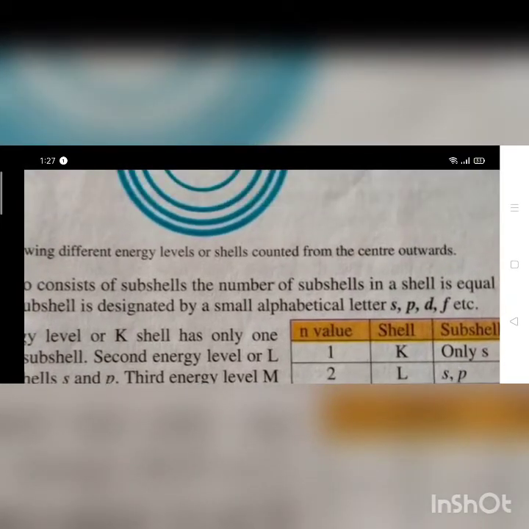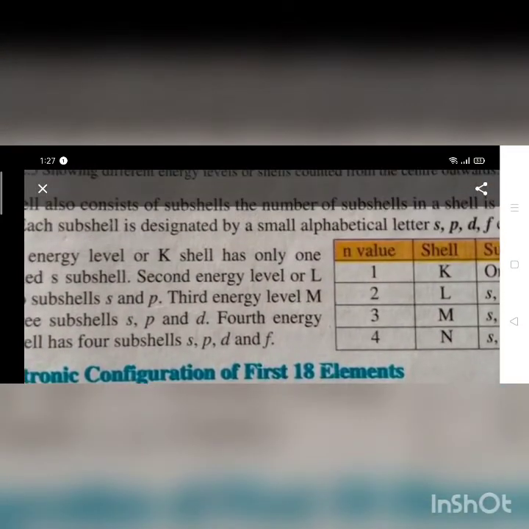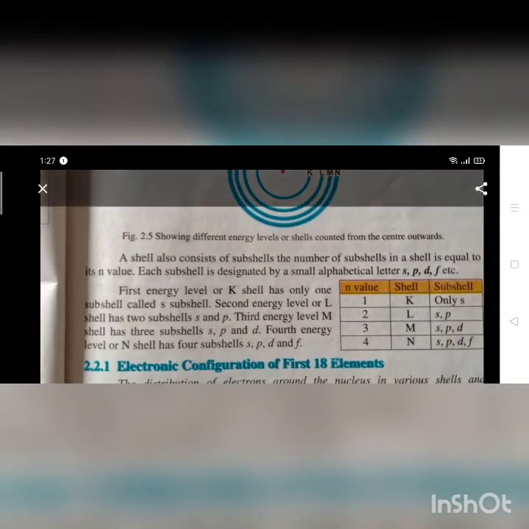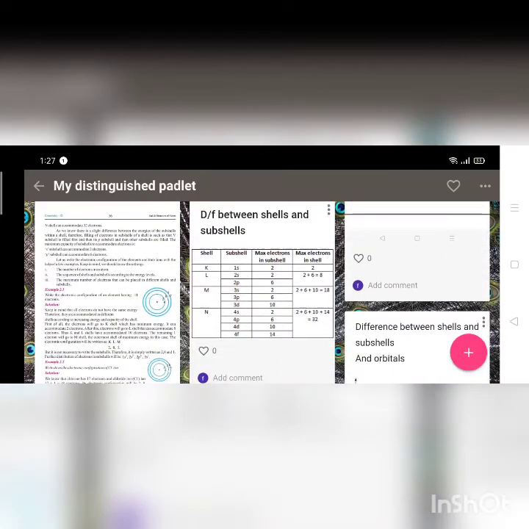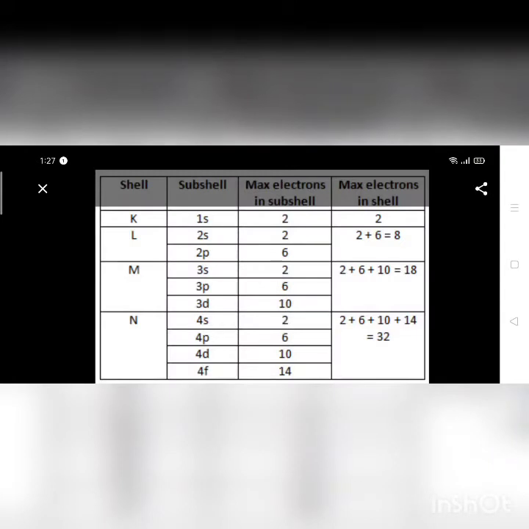One thing you should clearly know is how many subshells there are and what the maximum capacity of each subshell is to accommodate electrons.